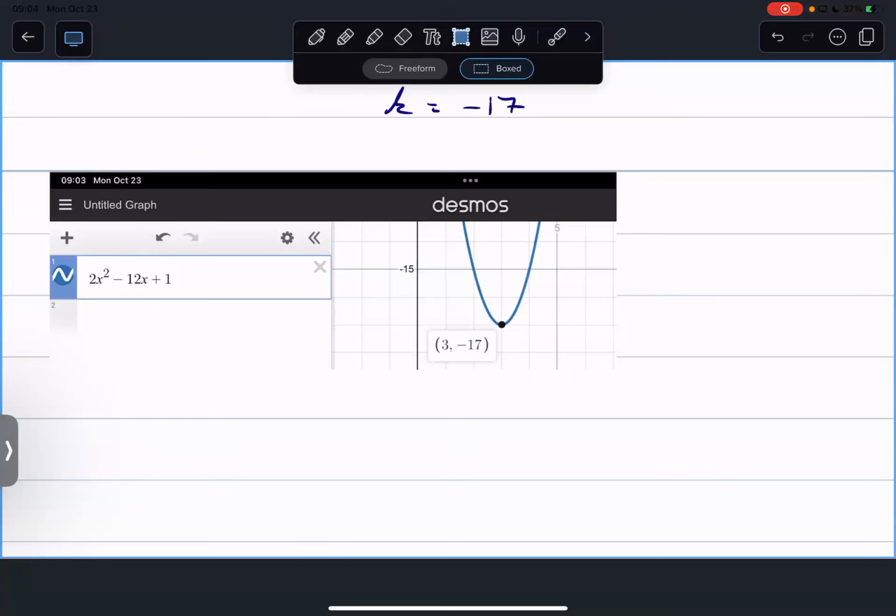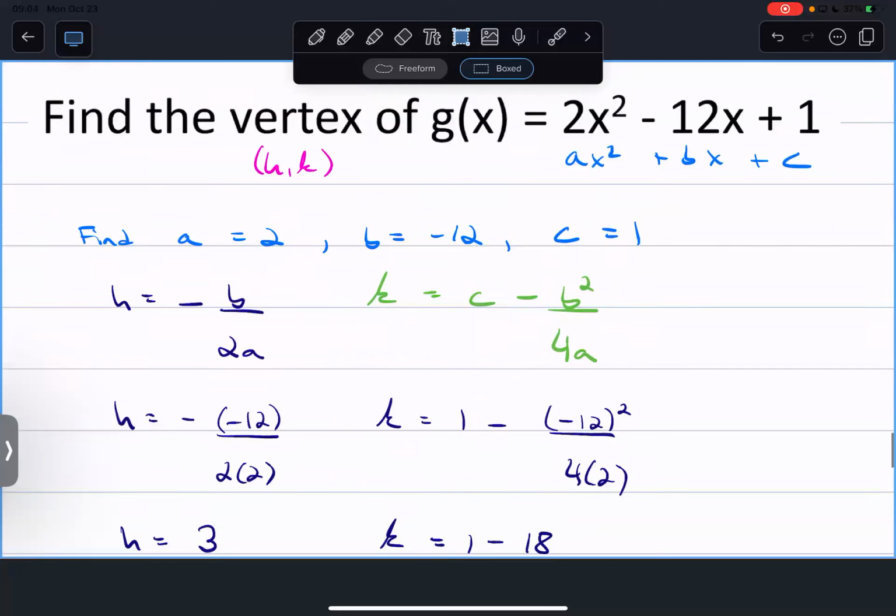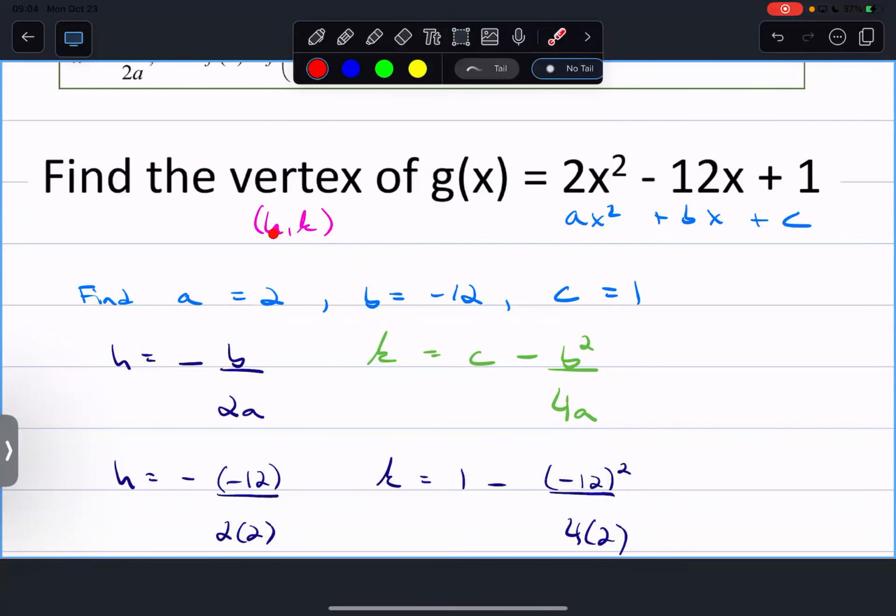What are they going on about? K is equal to f of h. Well, if we take a step back, if the vertex has an x value of h, then k must be g of h, right?